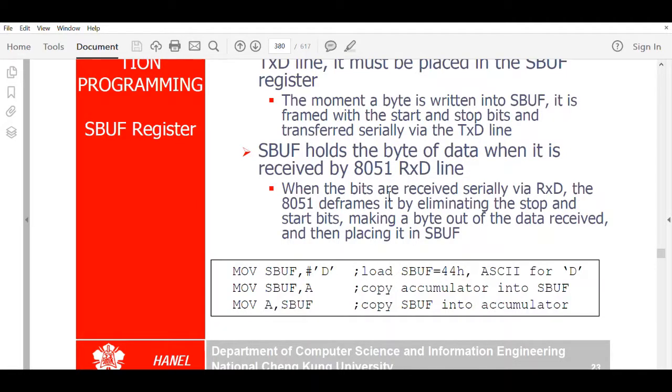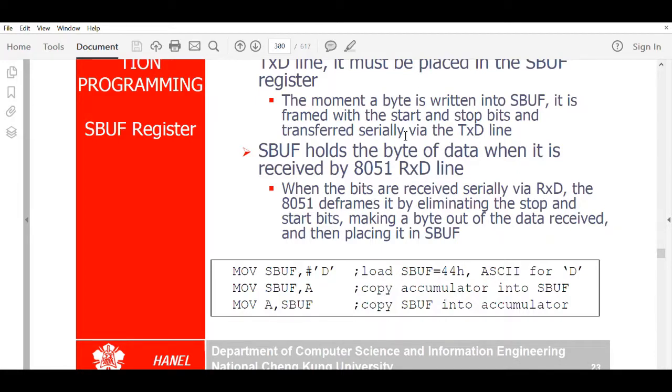When the bits are received serially, the 8051 will deframe them by removing the start and stop bits, and the byte of data will be placed in SBUF. This is the receiver end, and this is the transmitter end.